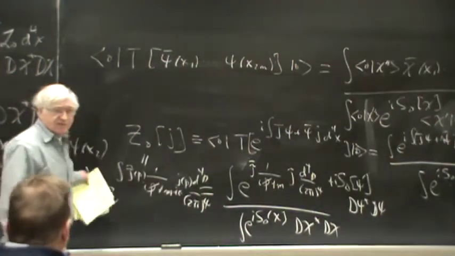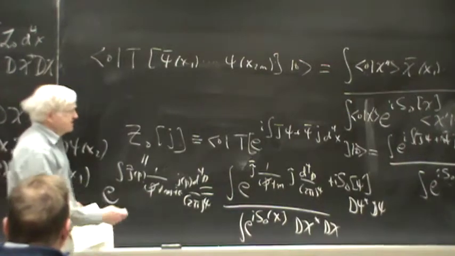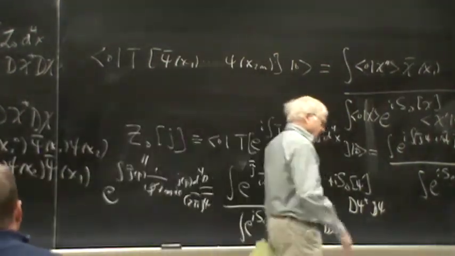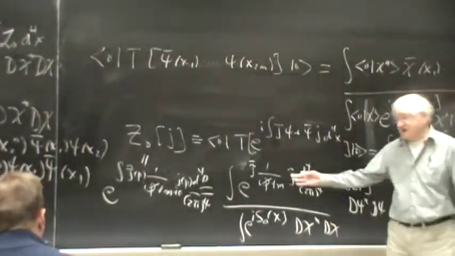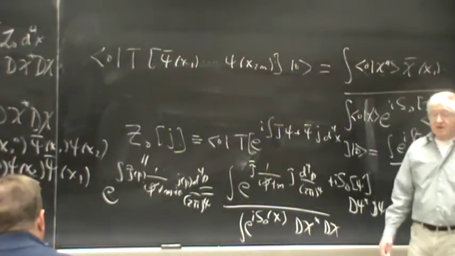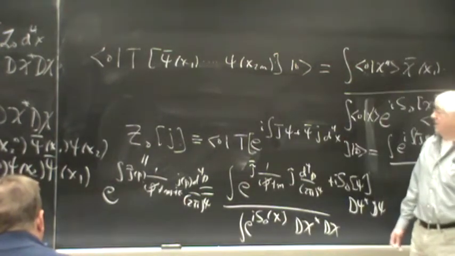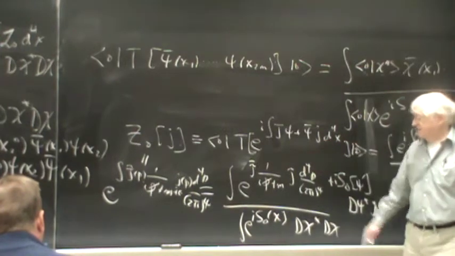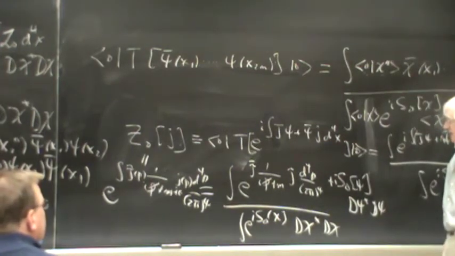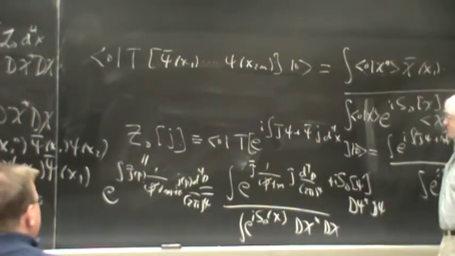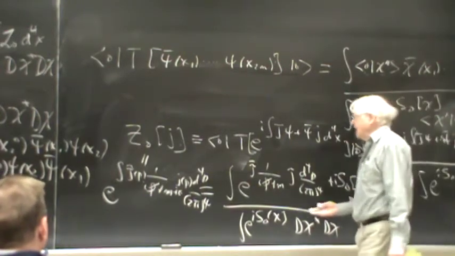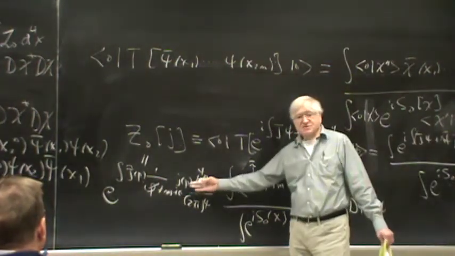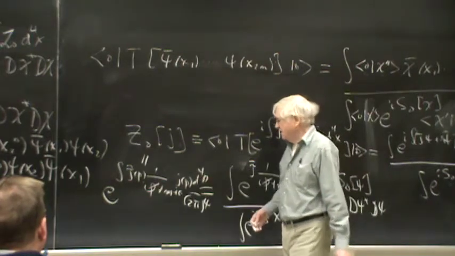So there's a very nice expression, which is the fermionic analog, or Grassmann analog, remember, J is Grassmann here, of what we had in the bosonic case. And so then what you can do is differentiate functionally with respect to the Grassmann variables.